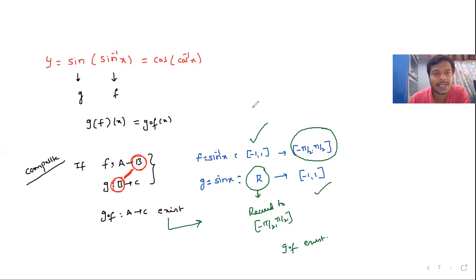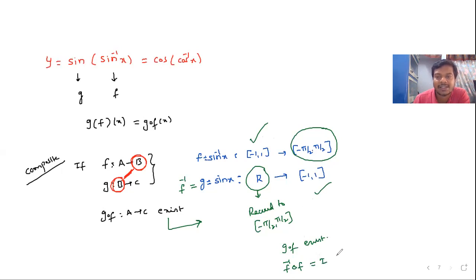Now I am going to draw the graph of sine inverse of x with domain -1 to 1 and range -1 to 1. And clearly these two are inverse graphs, right? So I can write g as f inverse. When you write g as f inverse, it is f inverse circle f. That means what we get?